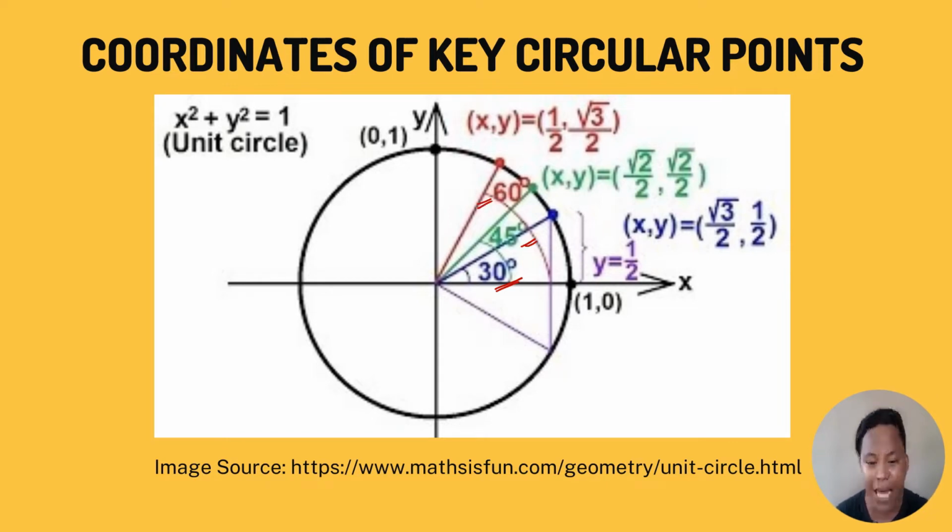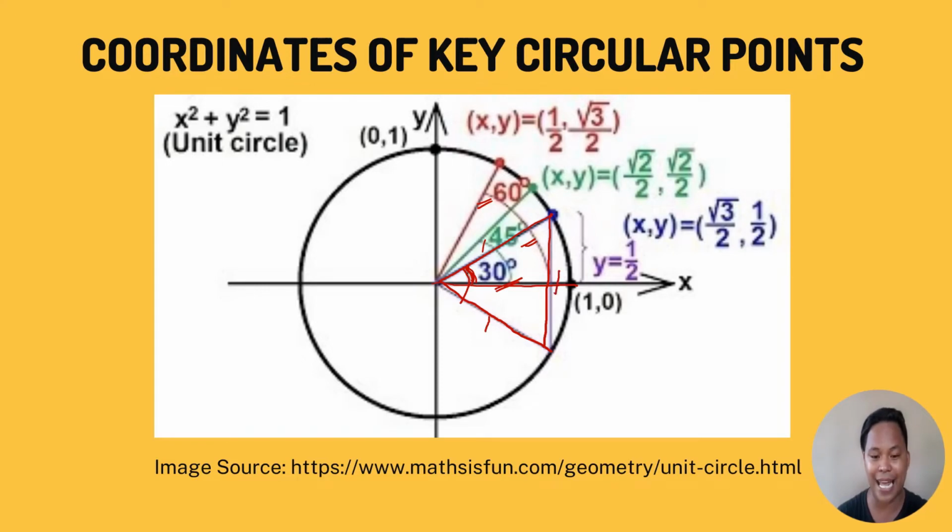Let us first have this equilateral triangle here. We know that each angle of an equilateral triangle is equal to 60 degrees. And since this positive x-axis is an angle bisector of this angle, we can say that this angle is equal to 30 degrees. And we know that the radius of this unit circle is equal to 1.